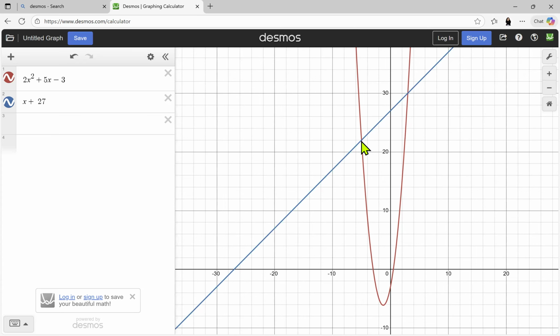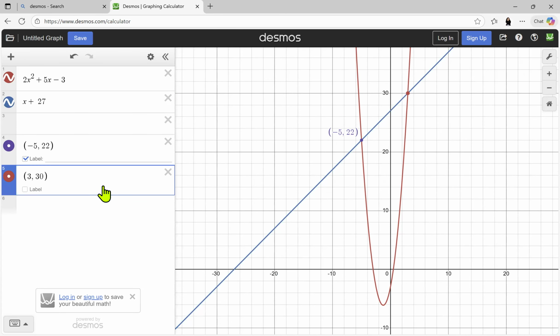So you have when x here is, look, negative 5 and 22. And isn't that what we got, guys? Negative 5 and 22. So that's your first solution, right? And then your second solution is x is 3 and y is 30. So that's what it looks like graphically.